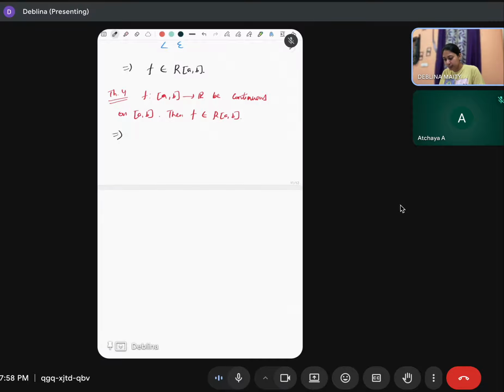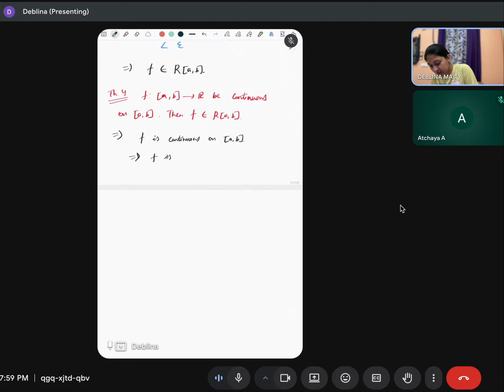So we'll prove this. f is continuous on this closed bounded interval. So this means f is uniformly continuous on this interval, right? Because this is a closed bounded interval.